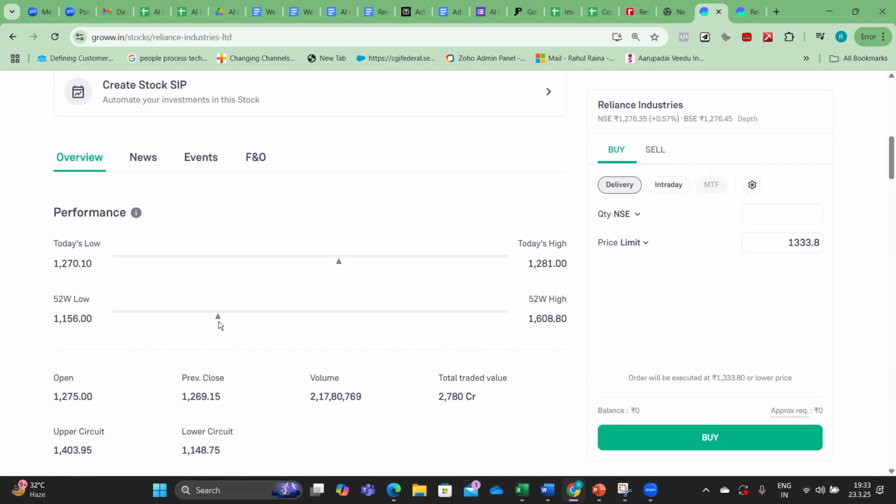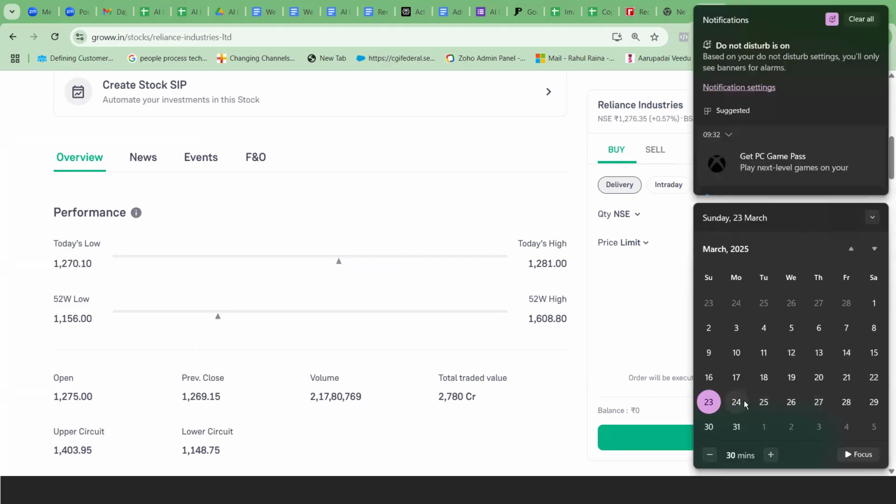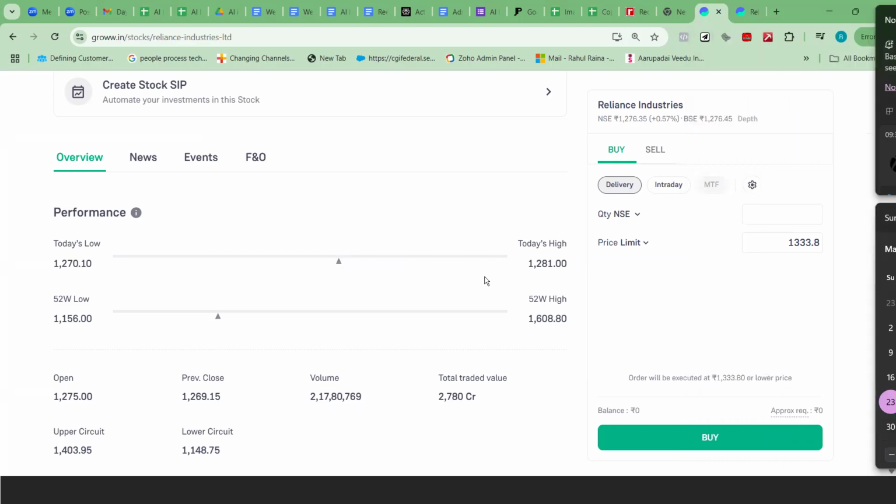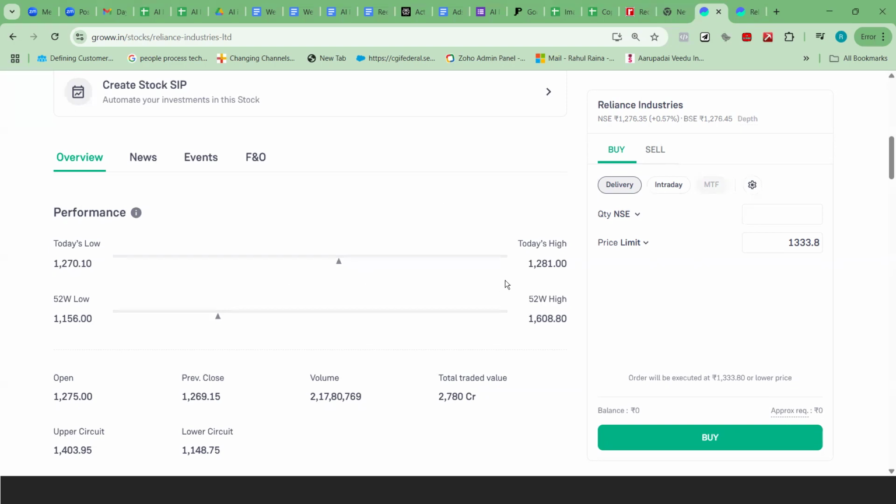So it is towards the 52-week low. This is for that particular day. Today the market is closed, so this is for the last day, Friday, I believe. Today is Sunday, right? Yes. This will be your chart for Friday. On Friday, the range which Reliance made was between 1270 and 1281.